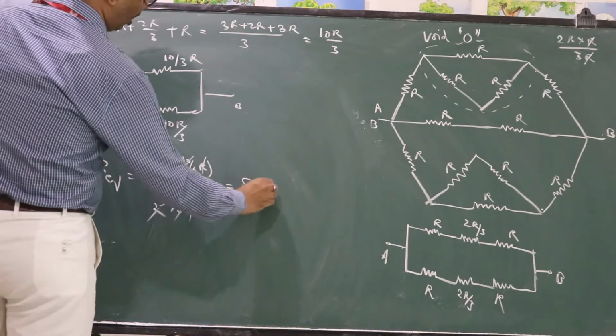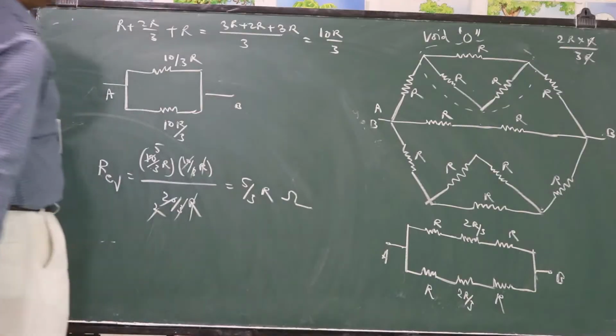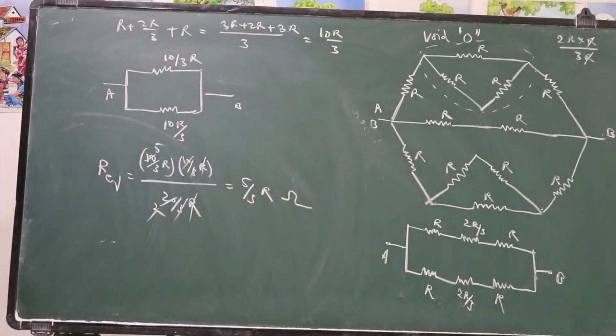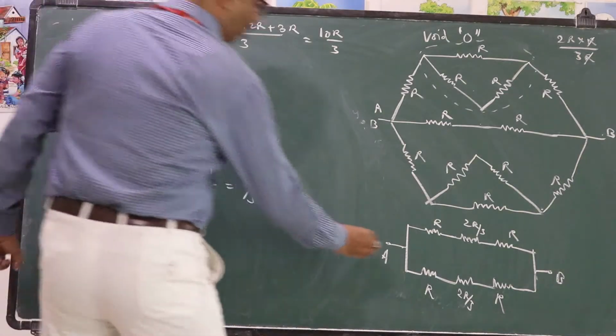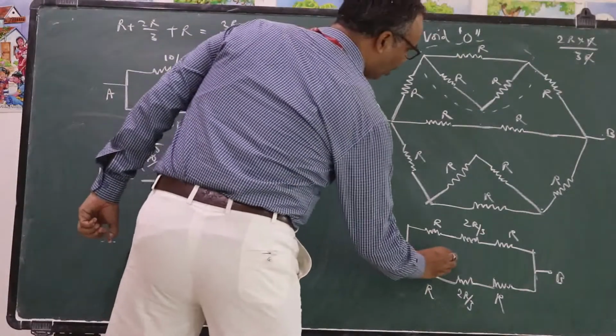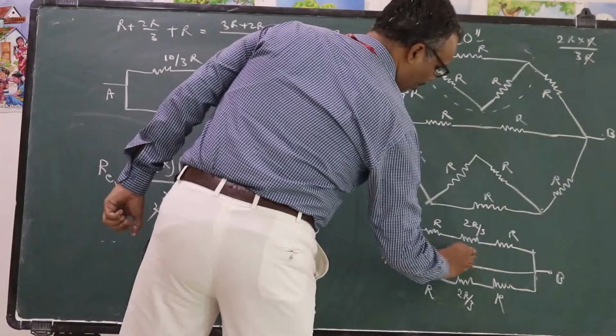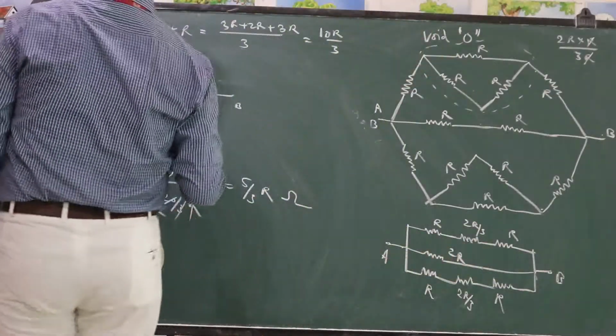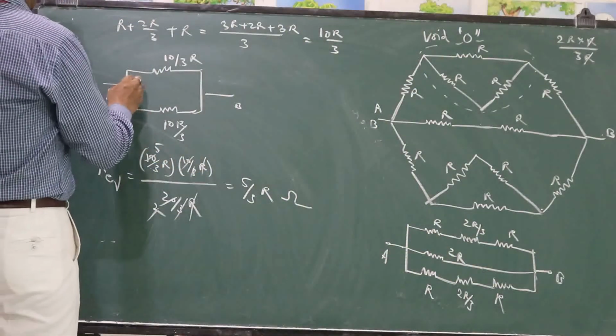So 5 by 3R ohms is the equivalent resistance of the given combination. 5 by 3R will be the equivalent resistance of the, one more resistor I forgot here, sorry. Here 2R is also there in the middle. In the middle 2R is also there. So here 2R is there.